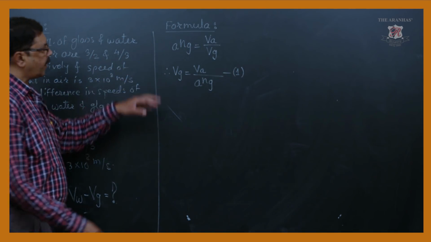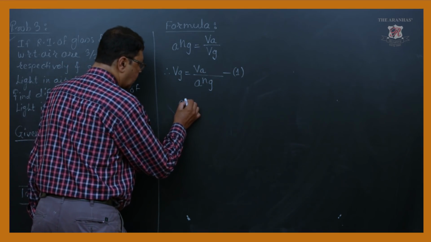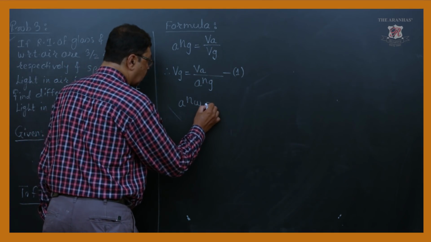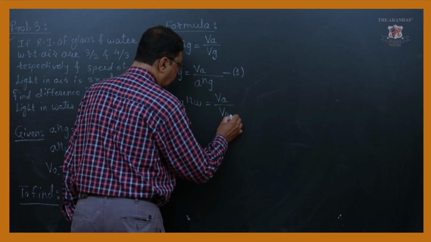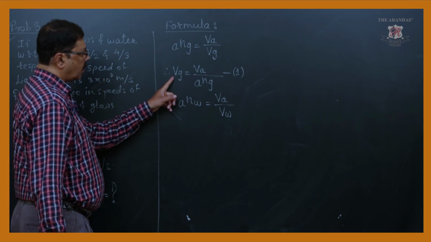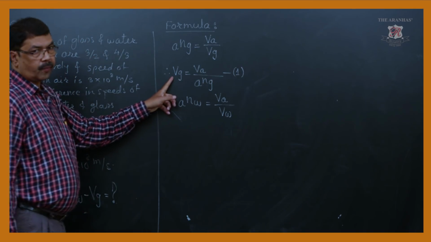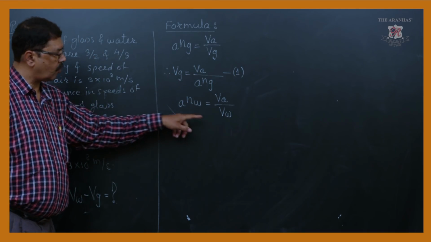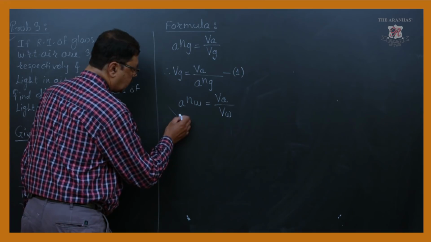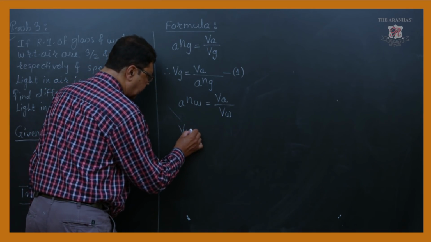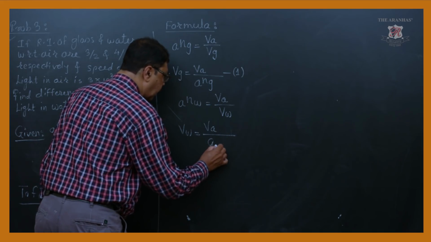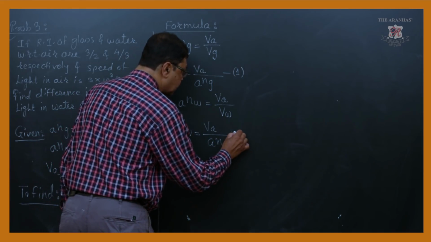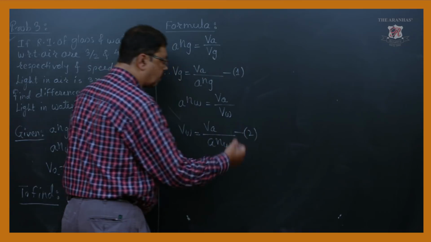Do the same treatment to anw, that is refractive index of water with respect to air. The way I found out Vg, I want to find out Vw. Shift this Vw to the left hand side, Vw equals Va upon anw. This is my equation number 2.